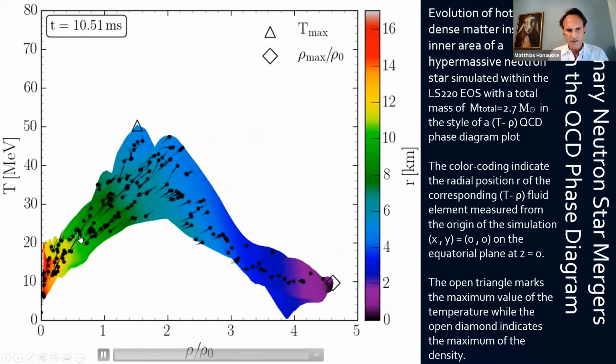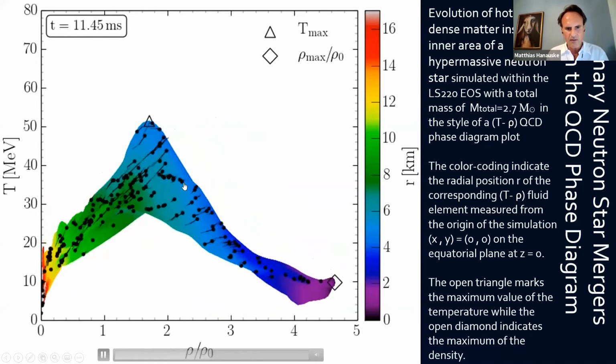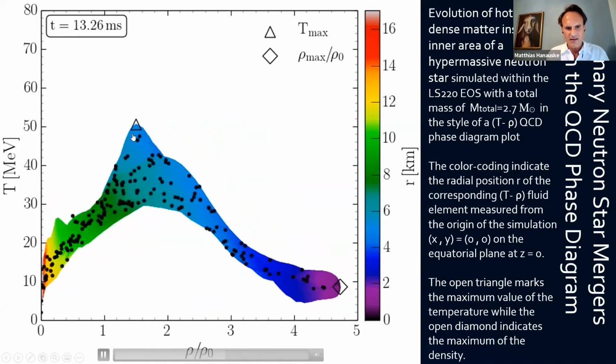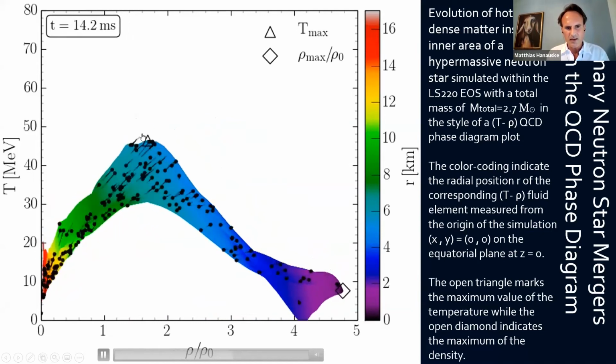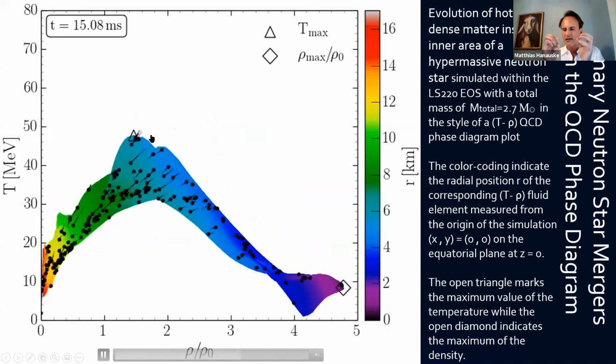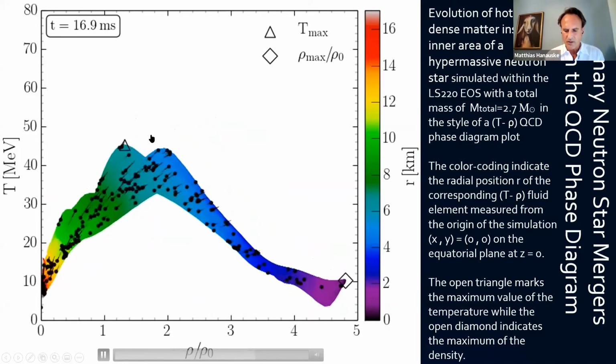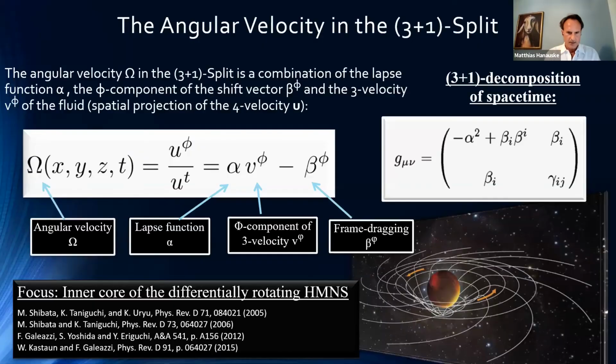The tracer particles follow special curves here, and the maximum corresponds to this ring-like structure. This is the position of the maximum temperature. Okay, I have to speed up a little bit to understand why this occurs.